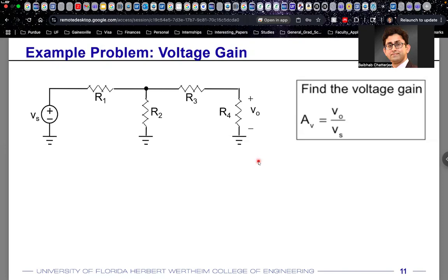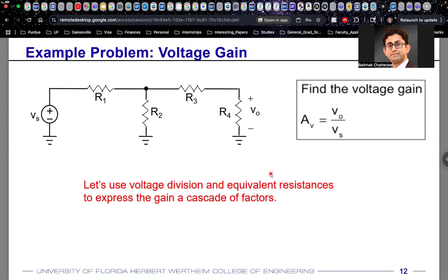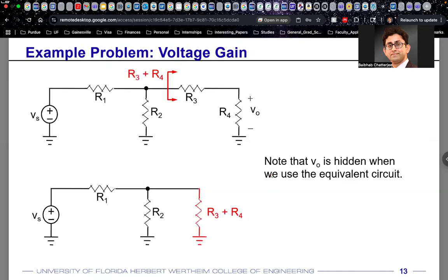And you're asked to find out what is the voltage gain, which is the ratio of output voltage to the input voltage. Use the voltage division and equivalent resistances that we learned in the last lecture to express the gain as a cascade of different factors.